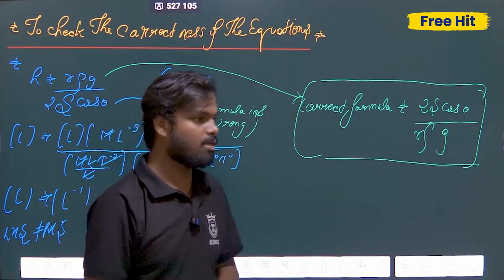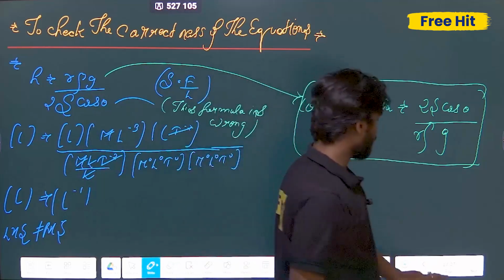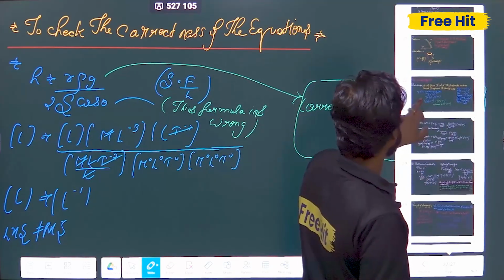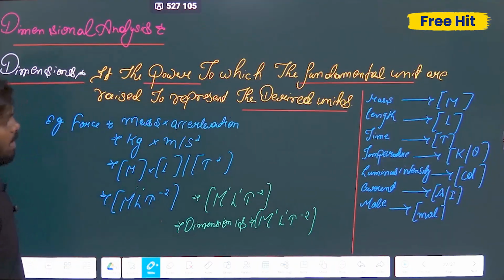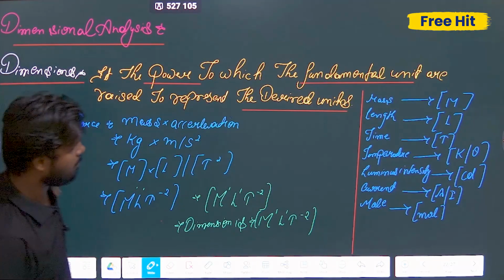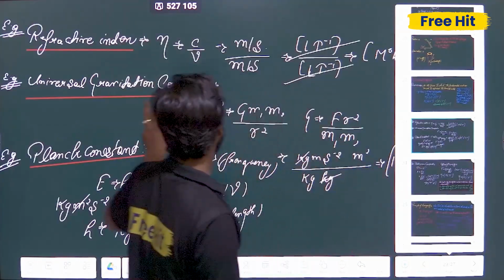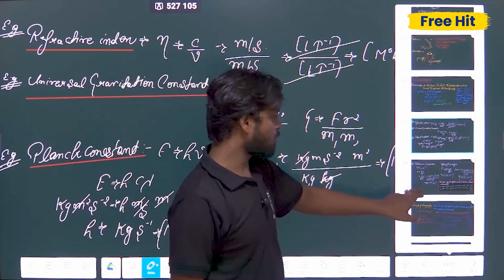So basically, today in the class we have learned what dimension is and how to find it. We solved some questions to find the dimensions of different quantities like refractive index, universal gravitation constant, and Planck's constant. Don't stress about the formulas.